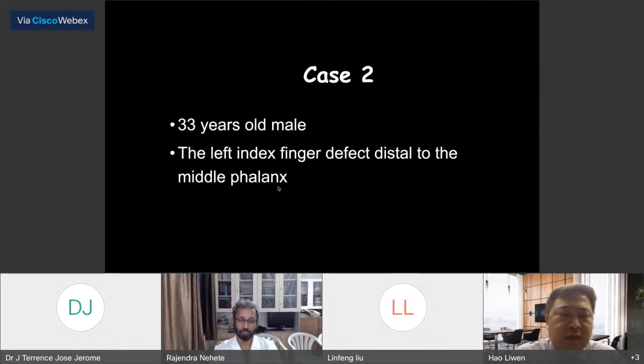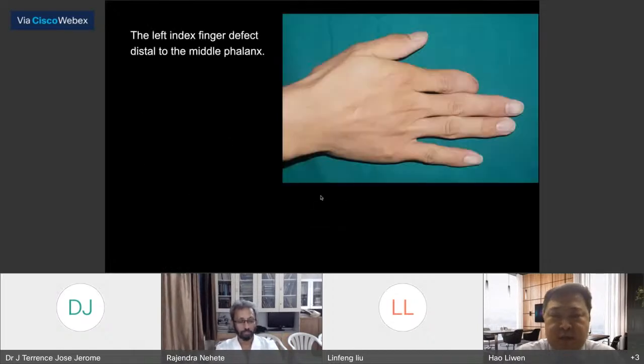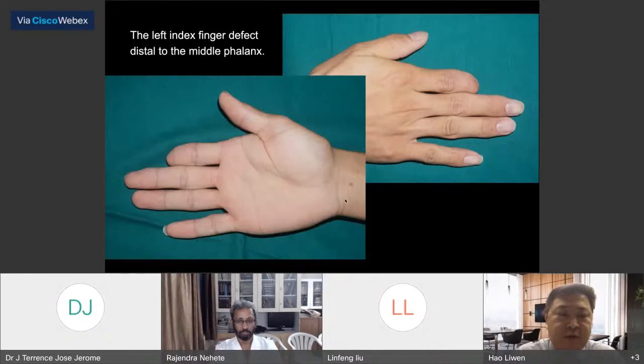Case 2 is a 33-year-old male. His left index finger has a defect from the middle phalanx. This is the appearance pre-operation of the index finger.